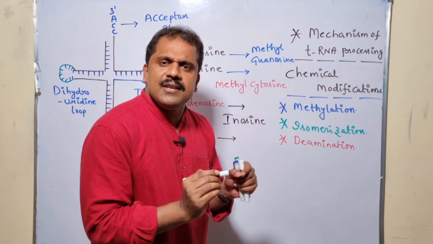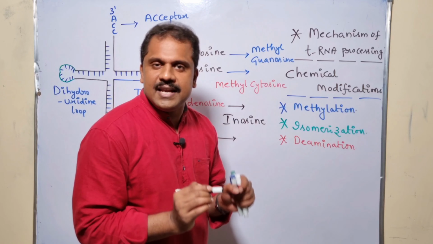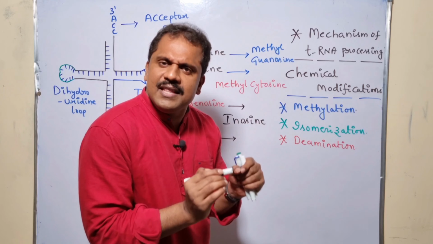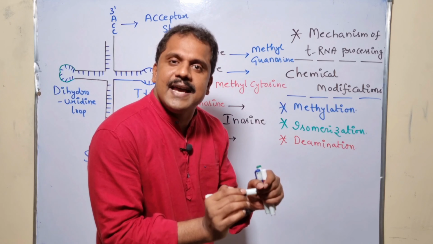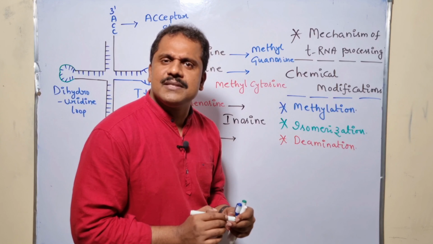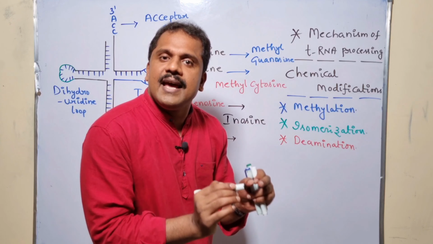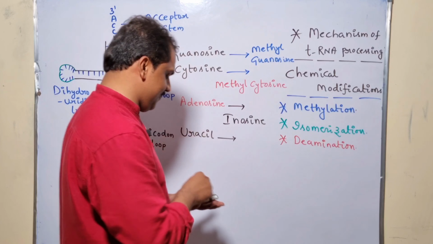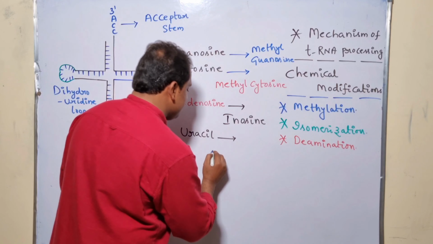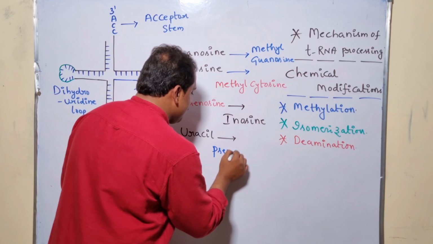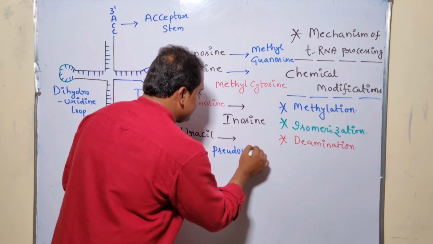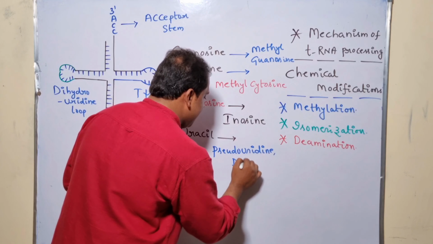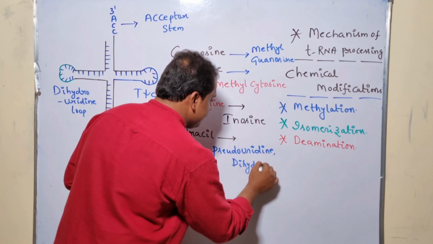Once the uracil remains in association with the ribose sugar, it leads to the formation of what? Uridine. So when the uridine nucleotide undergoes isomerization, it leads to the formation of what? Pseudouridine and dihydrouridine. Is it clear?